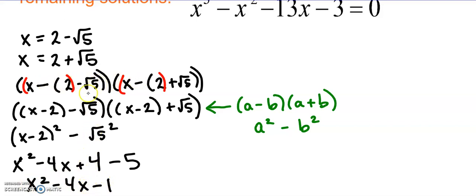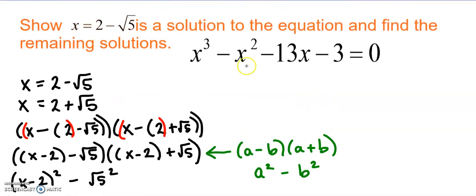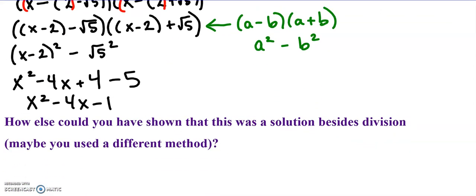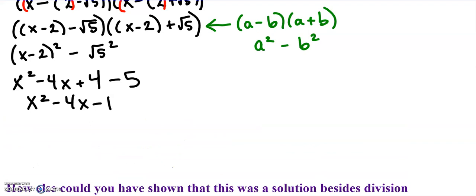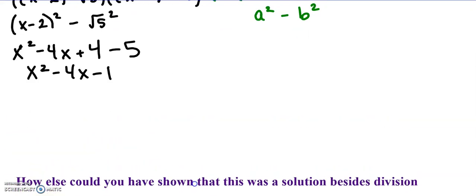Follow it backwards. It has the two factors of 2 plus root 5, 2 minus root 5. So now, if I were to synthetically divide, if I were to long divide that by this guy, I should get my remaining solution. Oops. Let's bring that down here. We're going to need some space.